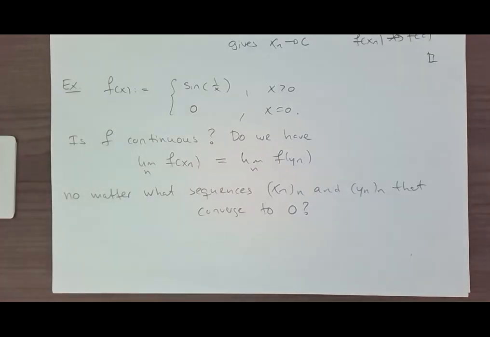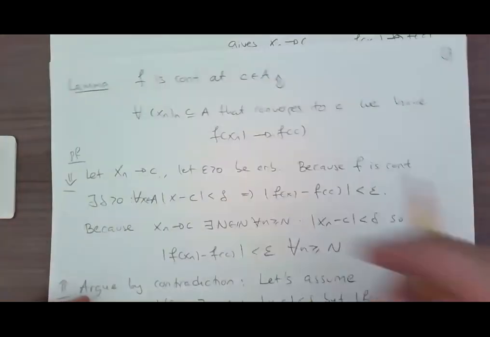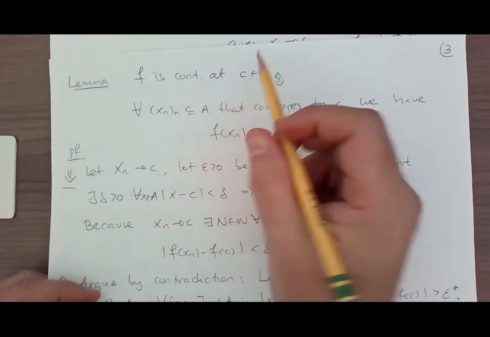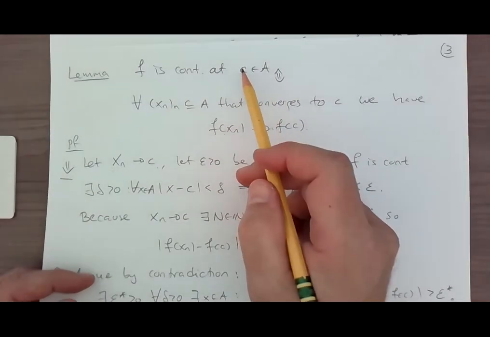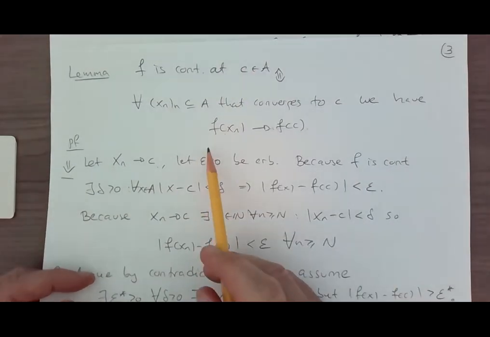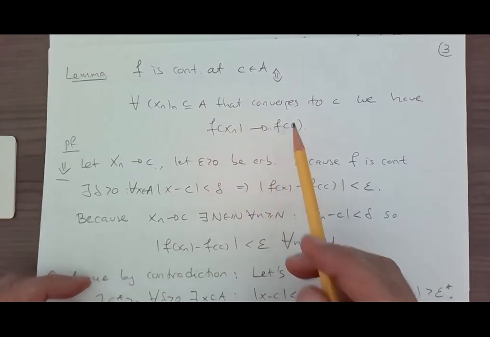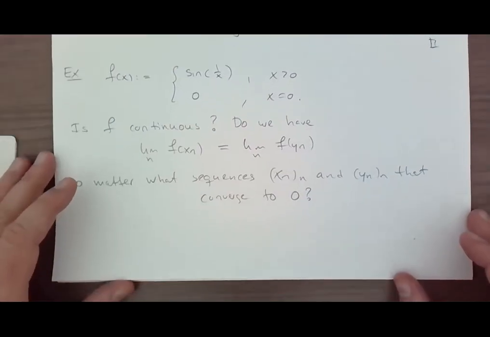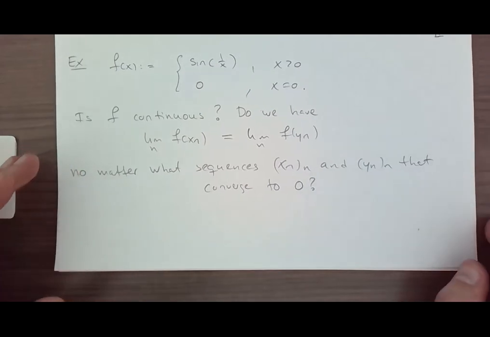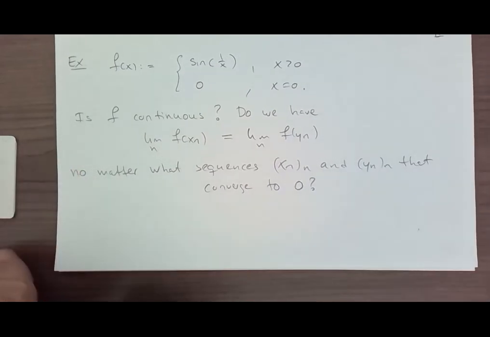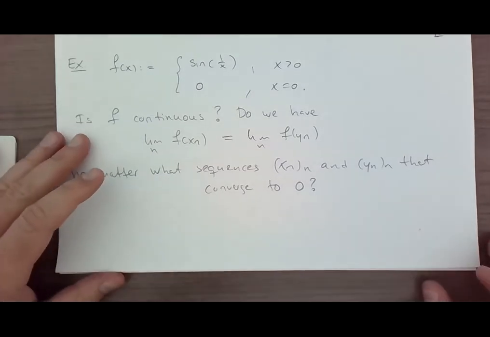This was the property for being continuous at a point. Here the point is 0, as you pointed out. This is the troublemaker. You take any sequences that converge to 0, and you need to have this property. And do we have that? What do you guys think?